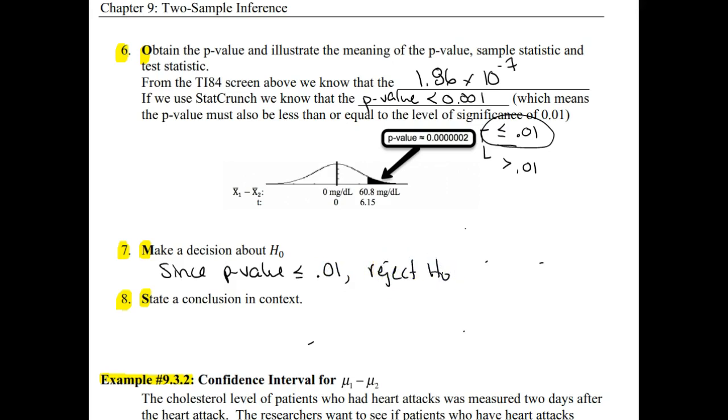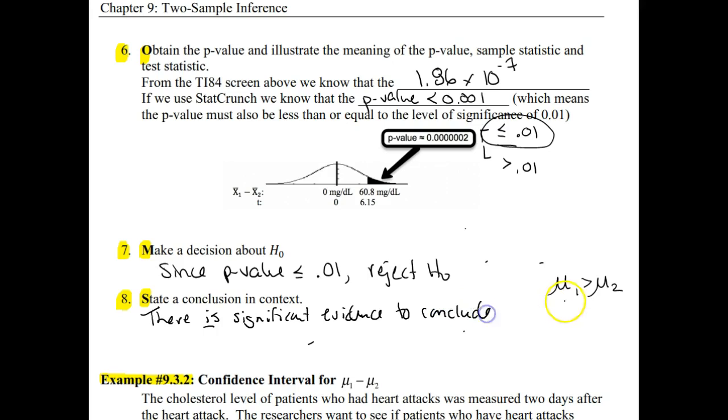And so again, if we reject H0, that means that what we want to write in context here is that mu1 is bigger than mu2. And so whenever we reject H0, our conclusion is going to start out, there is significant evidence to conclude. And then we're just translating mu1 greater than mu2 all back into words.